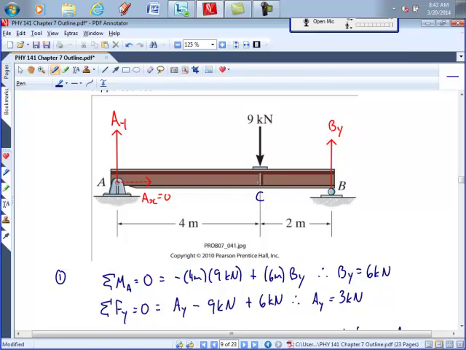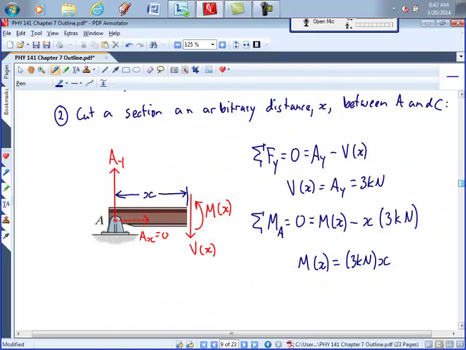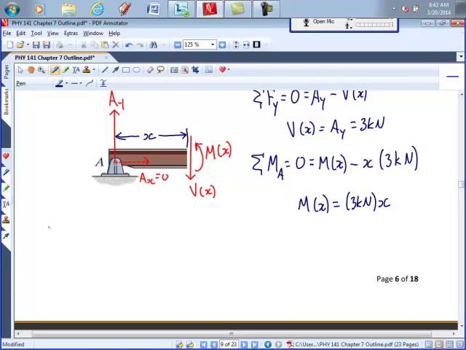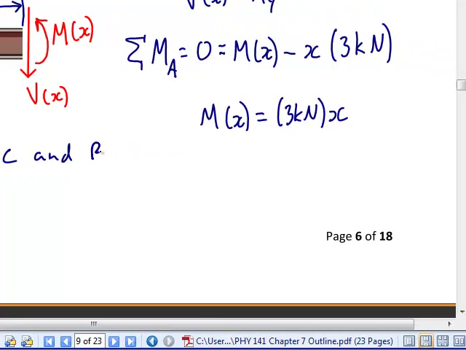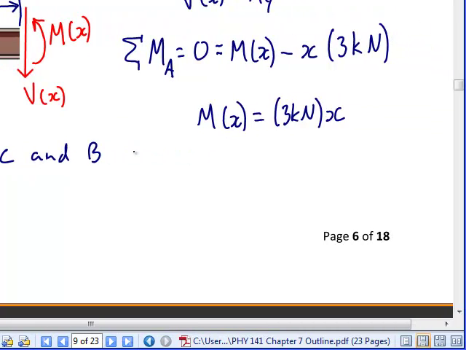So the section is going to be between C and B. I could also do a right section, but if I'm doing a right section, it's going to be hard for me to show where my x is, because my x is measured from the left edge.